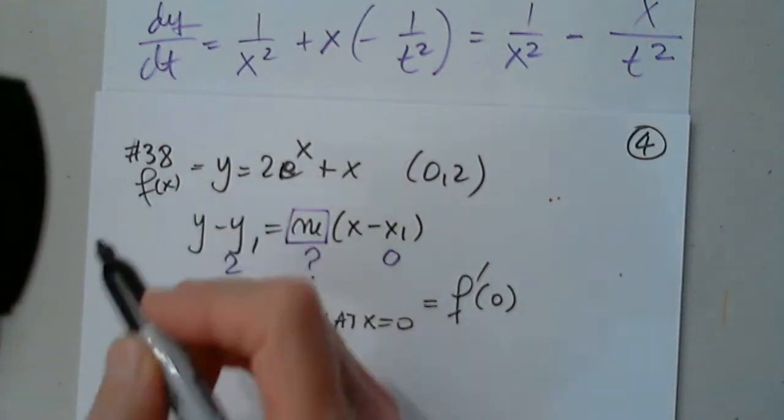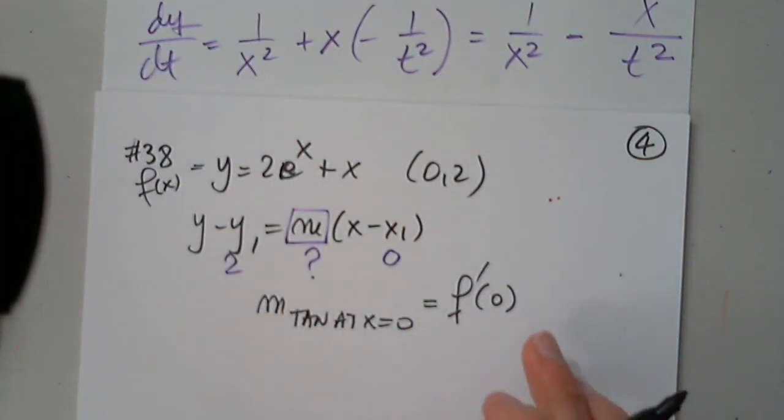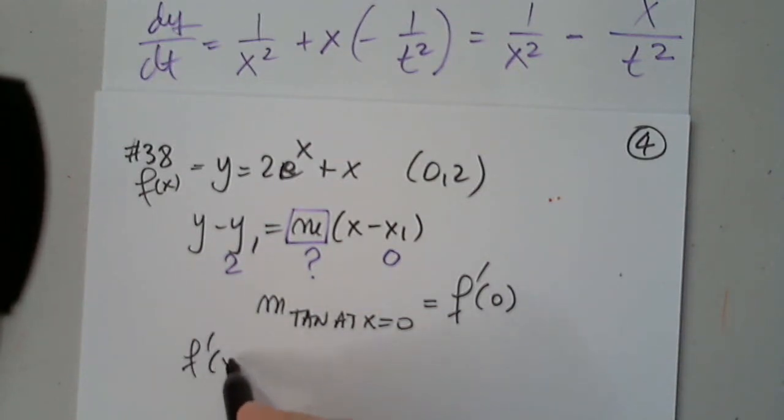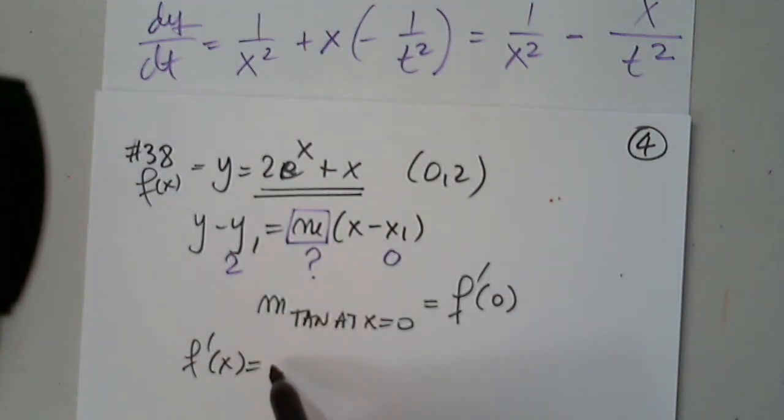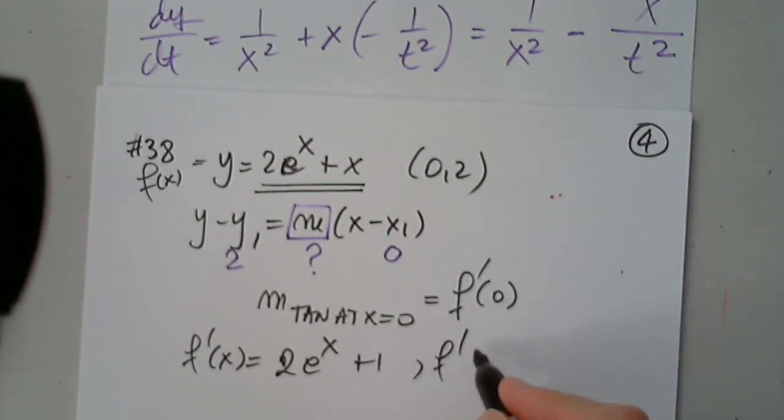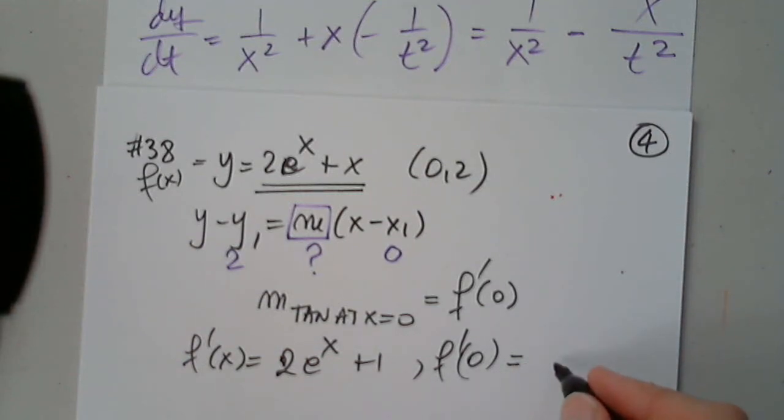This is our f of x. How do I find f prime of 0? What do I have to find first? f prime of x. Yes. So can anyone help with f prime of x? 2 e to the x plus 1. Now we can find f prime of 0. Can anyone give us the answer for f prime of 0?